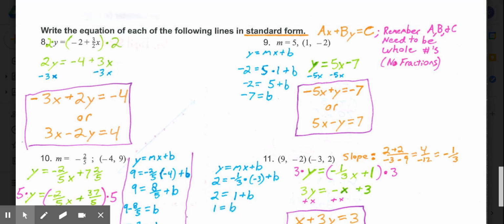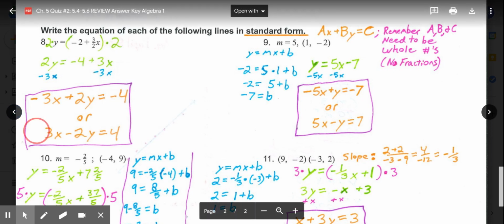Now, as some of you noticed as you checked answers in the back of the book, they always start with a positive coefficient in front of x. Nowhere does it say you have to do that, but in mathematics, it's good practice to try to do that. Honestly, I don't care, I'll take this top answer, negative 3x plus 2y equals negative 4.